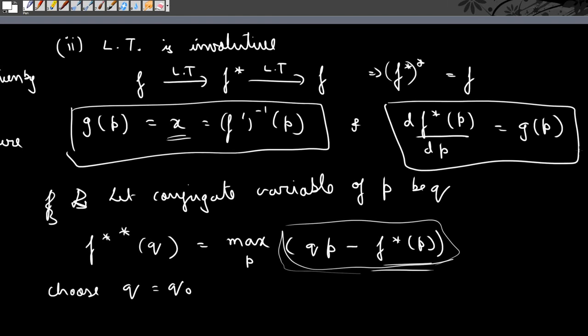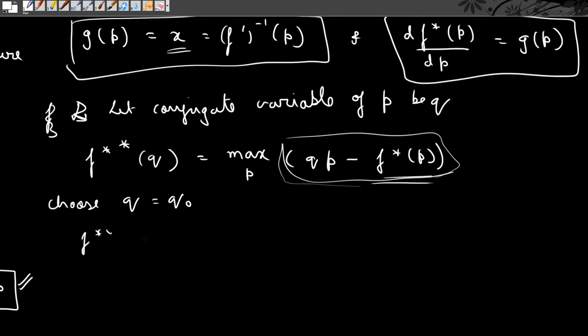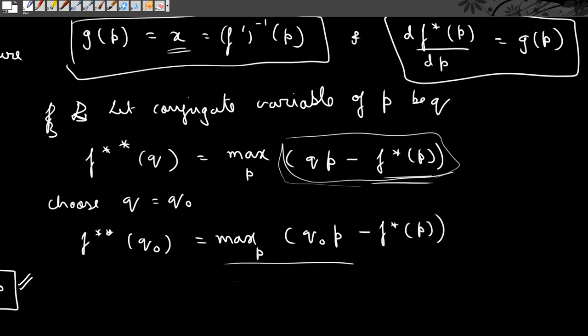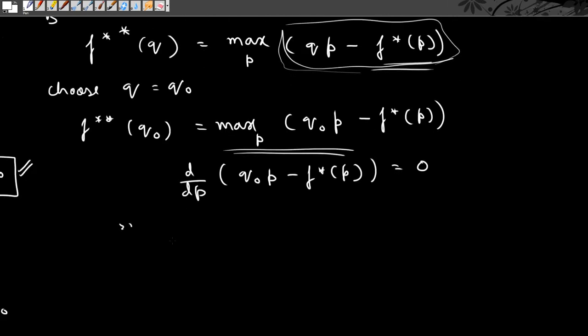Then f double star of q naught should be equal to max over p of q naught p minus f star of p. So this maximizing means d by dp of q naught p minus f star of p should be equal to 0, which implies that q naught should be equal to f star dash of p.